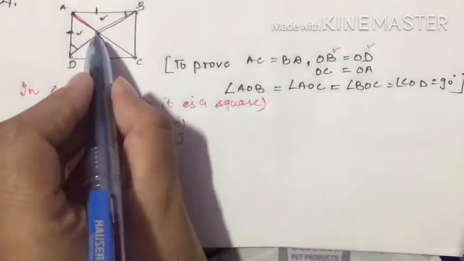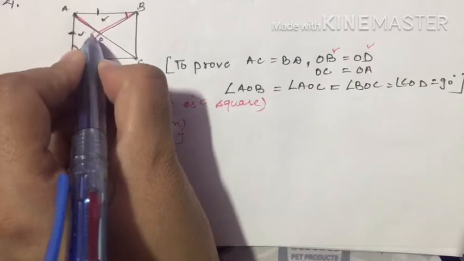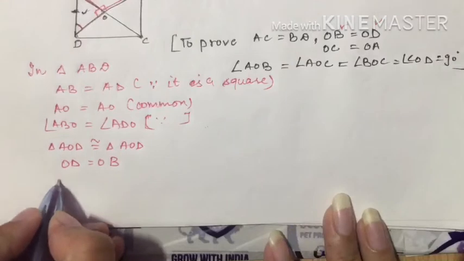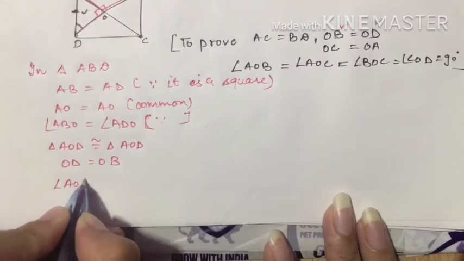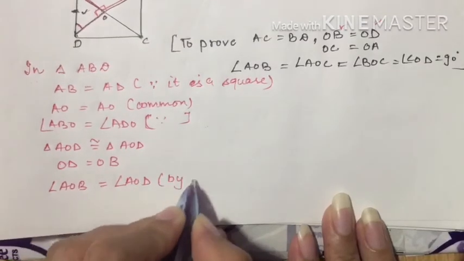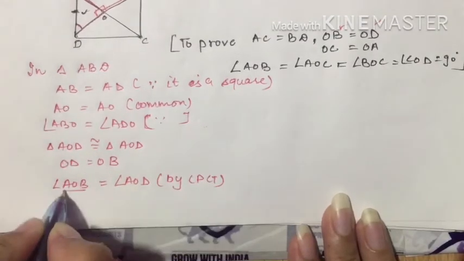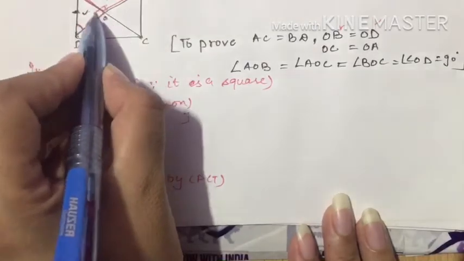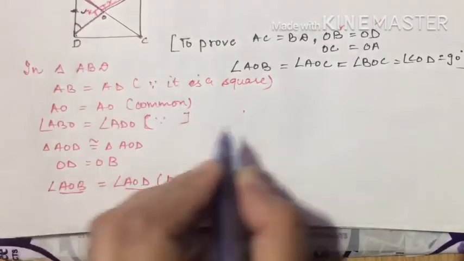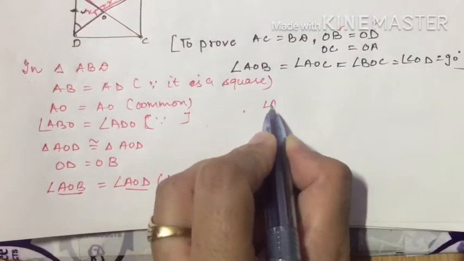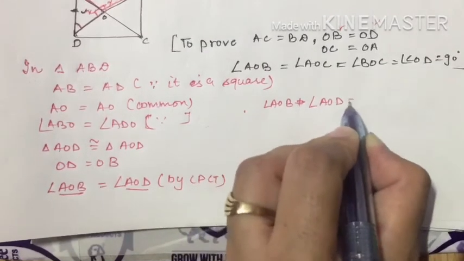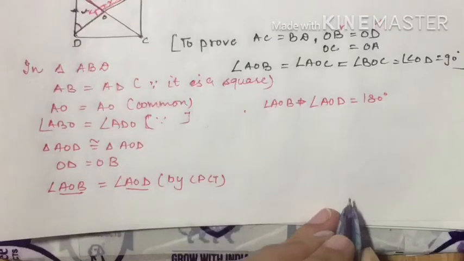Fine. Now if this triangle is congruent to this triangle, isn't this angle equal to this angle by CPCT? Then angle AOB is equal to angle AOD by CPCT. And students, if angles AOB and AOD are both equal, they are forming a linear pair. That means the angle, let me take it as X, and this also will be X. If I add AOB plus AOD, I am getting a straight line.